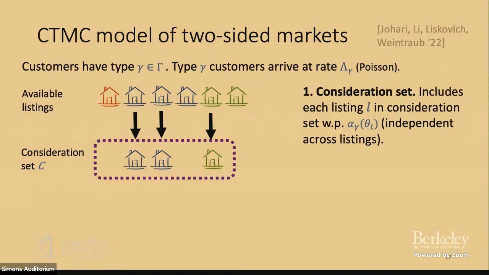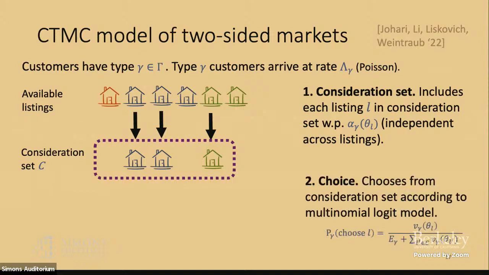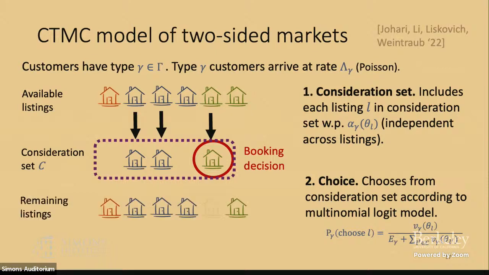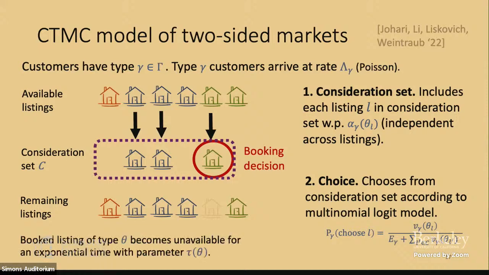Now, from this consideration process, the customer then makes a choice about whether or not to book a listing, and if so, which one. And this section is modeled using a multinomial logit model, where the customer can have different utilities for listings of different type, as well as some outside option. Now, say one of these listings is booked, that listing then becomes unavailable for some amount of time before it later replenishes.